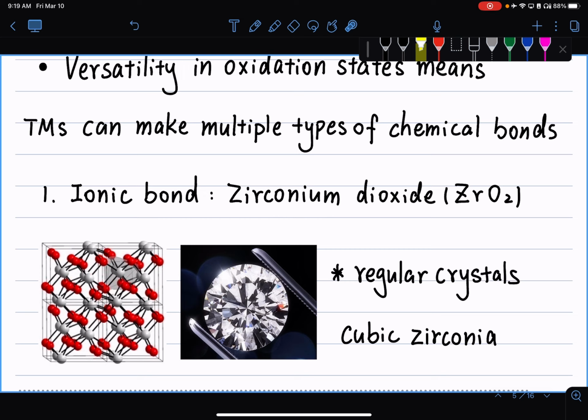The zirconium oxide gives you a very regulated crystal structure, and that's why these stones are pretty. So that's the ionic bond. But we won't talk too much about the crystalline nature of these ionic complexes.